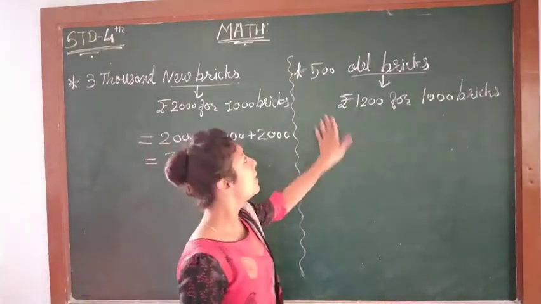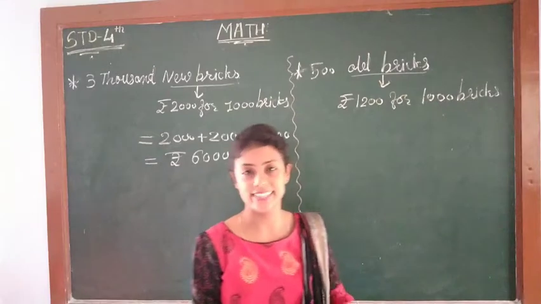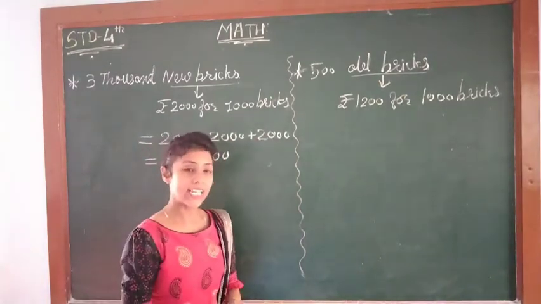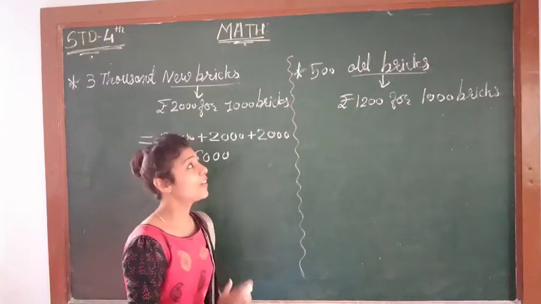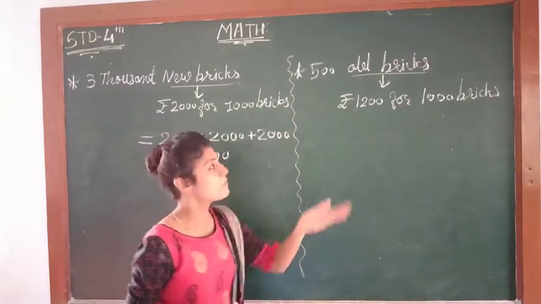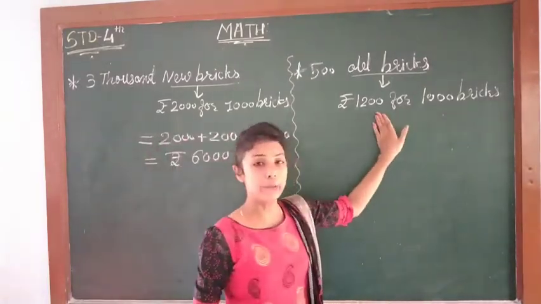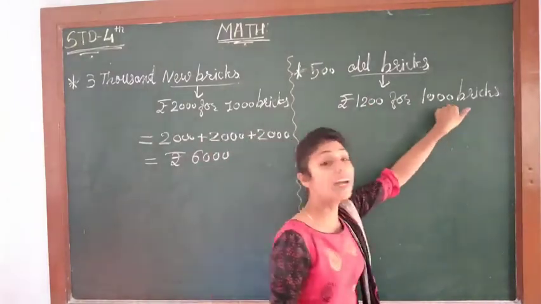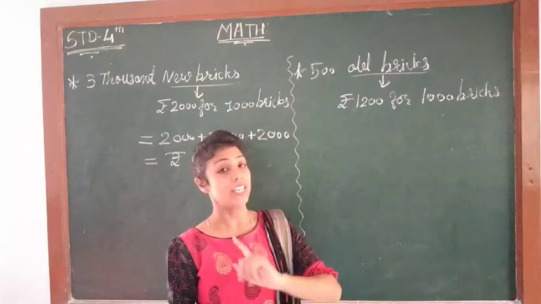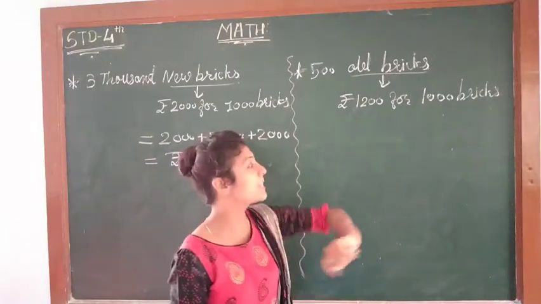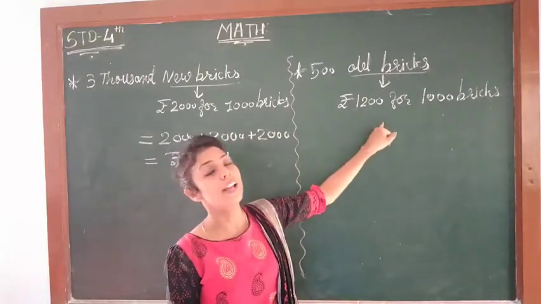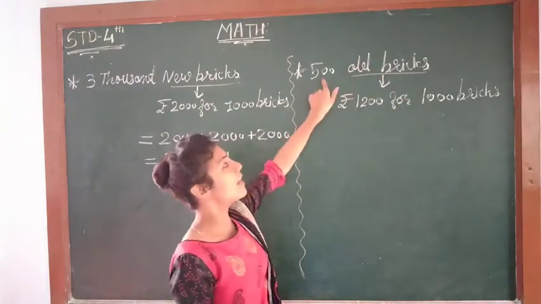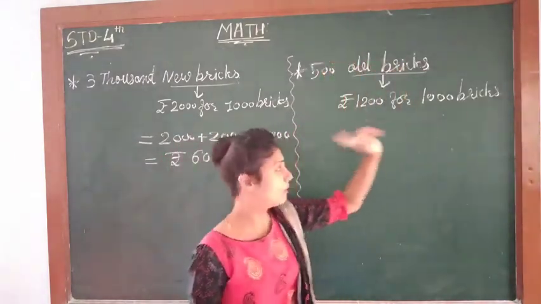Now second one, 500 old bricks. We have to find the price of 500 old bricks. The cost of old bricks is 1200 rupees for 1000 bricks. If you buy 1000 bricks, then it costs 1200 rupees. Now he wants to buy 500 old bricks.